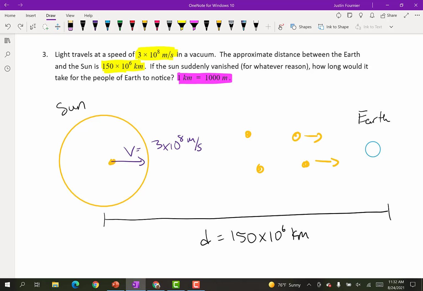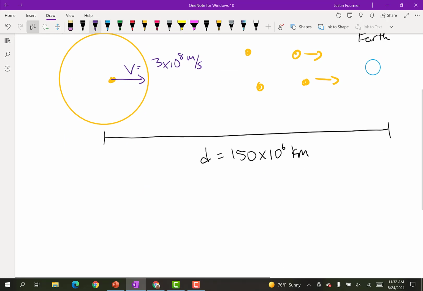So I basically need to figure out how much time it takes to go this far. What I'm going to use is the fact that the distance is equal to the speed times the time. This really comes from the speed being equal to the distance divided by the time, or the displacement, we could say in this case.